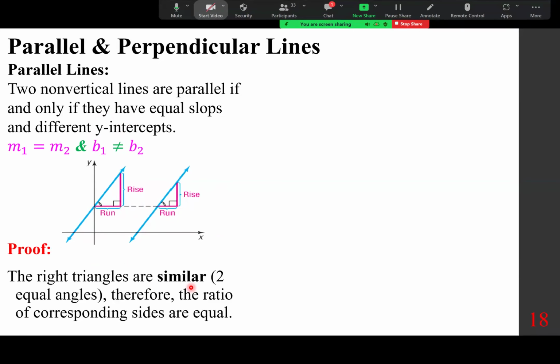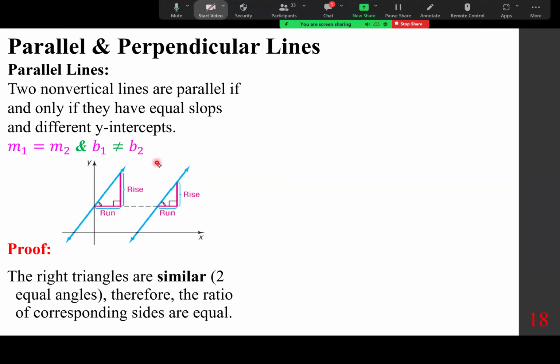The right triangles are similar. Why is that? Well, this is a 90-degree angle. These two lines are parallel, and this creates these two interior angles that are identical. And therefore, if two angles are the same, the third angle must be the same.